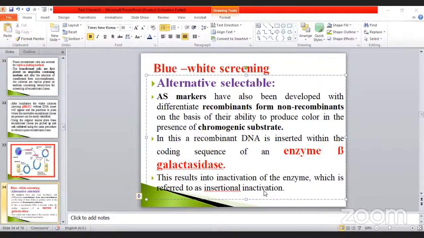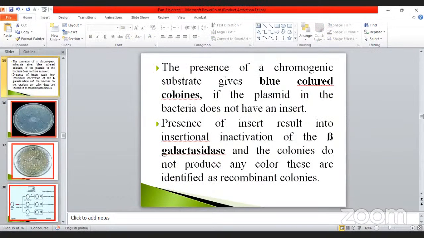When you are introducing the new gene inside there, the gene is automatically inactivated by the action of the particular sequence of the enzyme. So that is very, very important. As a result, the presence of chromogenic substrate gives blue color colonies if the plasmid in the bacteria does not have an insert.